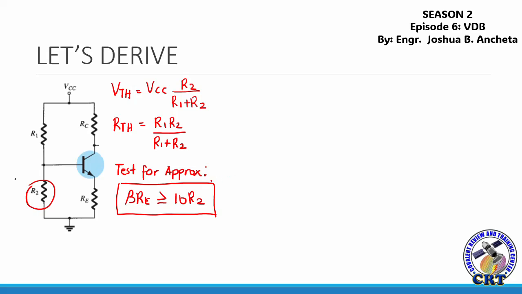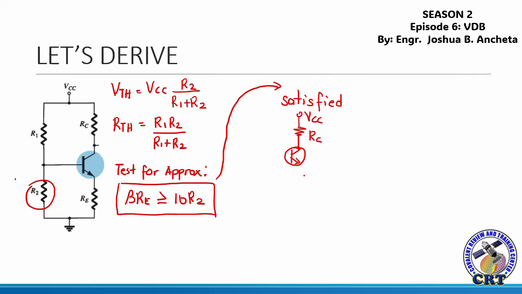If this condition is satisfied, the circuit can be converted in this way. So this is the transistor. You still have the VCC and the resistor RC, you still have RE and ground, and for the base terminal, this is just equivalent to the Thevenin's voltage.